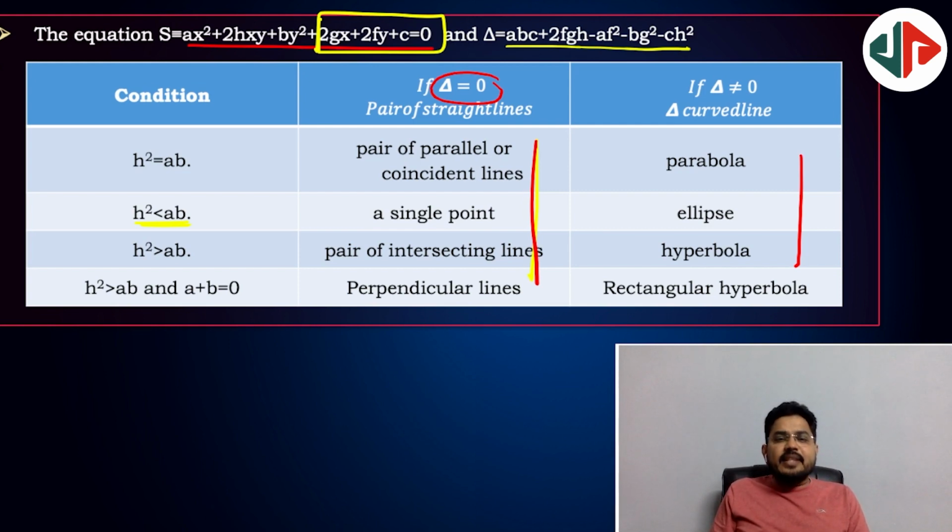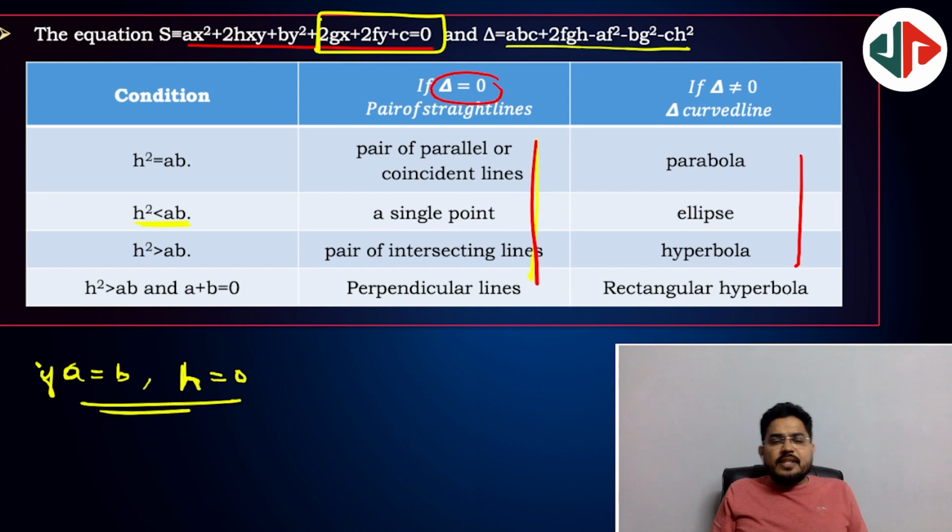If h square is greater than ab, a pair of intersecting lines, or a hyperbola. If h square is greater than ab and a plus b is equal to 0, perpendicular lines, or a rectangular hyperbola. Along with this one, you need to know this also: if a is equal to b and h is equal to 0, you can represent this as a circle.